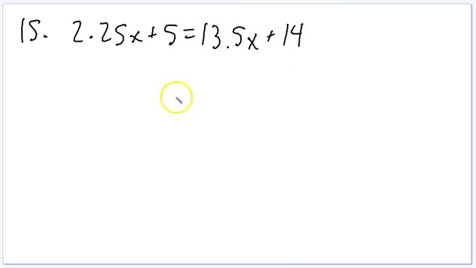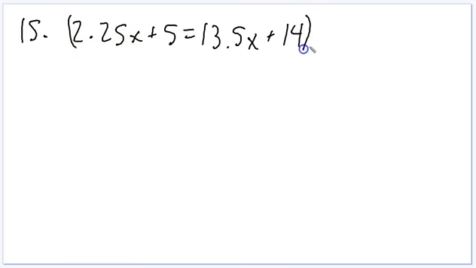2.25x plus 5 equals 13.5x plus 14. So now I've got to move this 2.25. Nope.